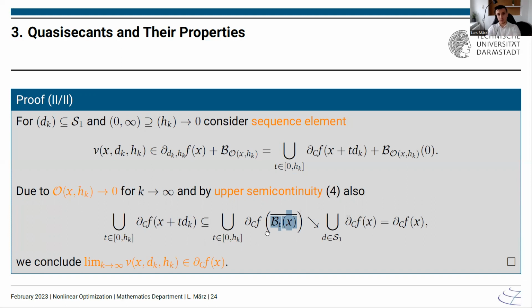Then we trivially get all of the lengths into that set. And now this set becomes smaller and smaller when hk vanishes, and then we can use upper semi-continuity to see that it actually converges downwards to the case where only x is the input.